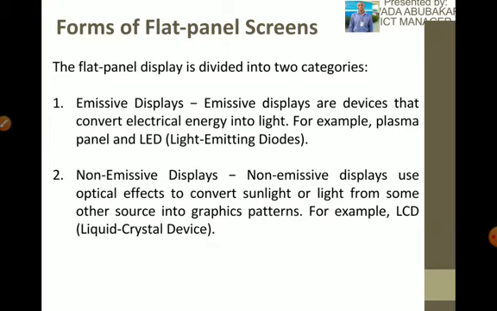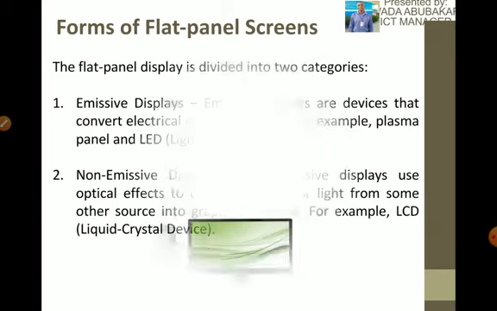Then we have the non-emissive displays. Non-emissive displays are those that use optical effects to convert sunlight or light from other sources into graphic patterns, for example the liquid crystal displays, LCD.